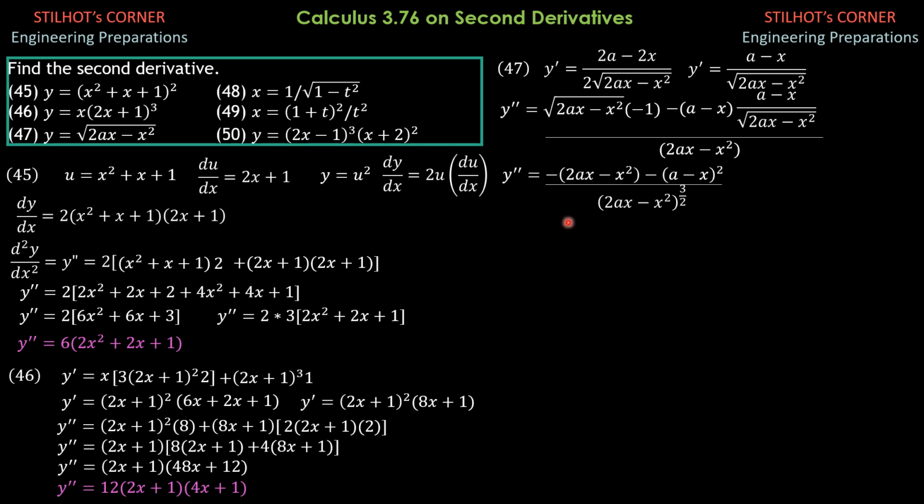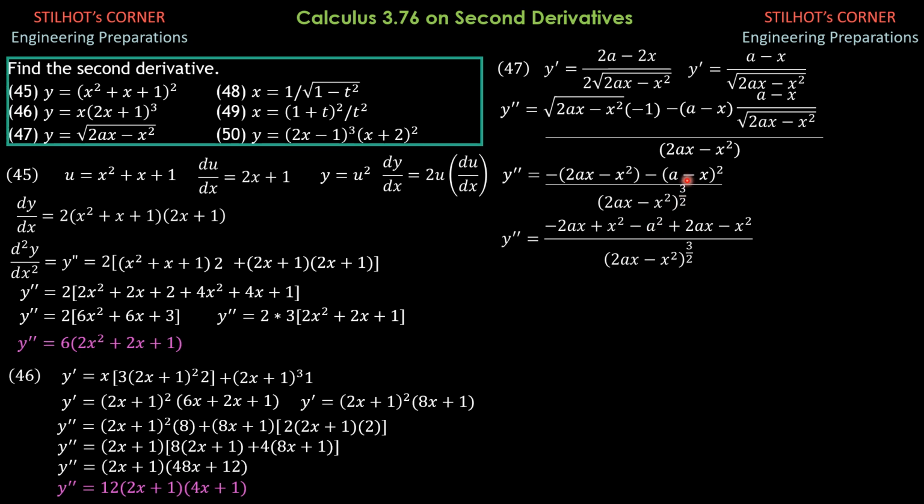Simplifying the numerator, we have negative 2ax plus x squared minus quantity a squared plus 2ax minus x squared, because this is all over denominator, which is 2ax minus x squared raised to 3 halves. So a minus x quantity squared, the first term is a squared, so negative of a squared.